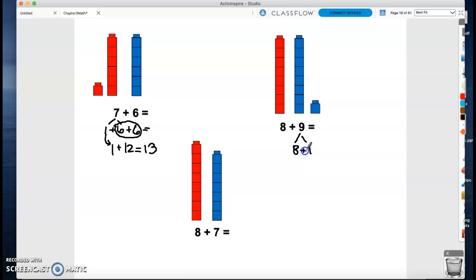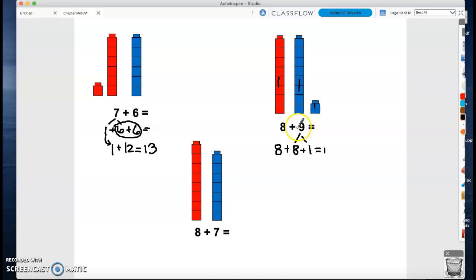So I'm going to add those up because 8 plus 1 is 9, but I still have my 8 red. And I want to know what that equals. So here's the 8 here, my second 8, and there's my 1 right there. So I have all of my stuff accounted for.